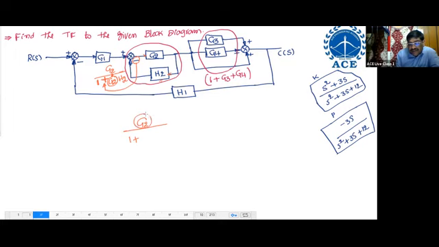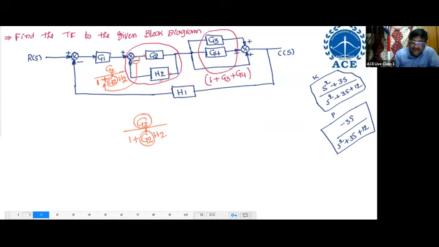The numerator term as it is in the denominator, G2, as a product with the feedback gain. Automatically you will get the loop simplification. Okay? I hope you understood.